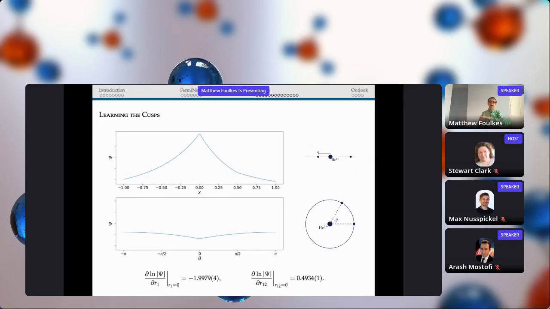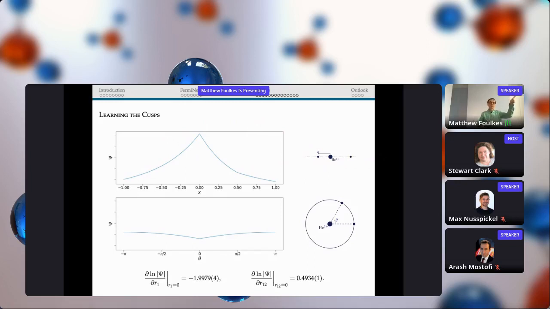We really want that to be the case, because otherwise Monte Carlo methods have trouble. For example, if the Laplacian has a delta function in it, you won't sample that properly and you'll get the wrong answer. So how do we get sharp behavior? This is results from our network when we didn't put it in. The trick is that among the input variables, we put the absolute value of Ri minus Rj for all pairs of particles.